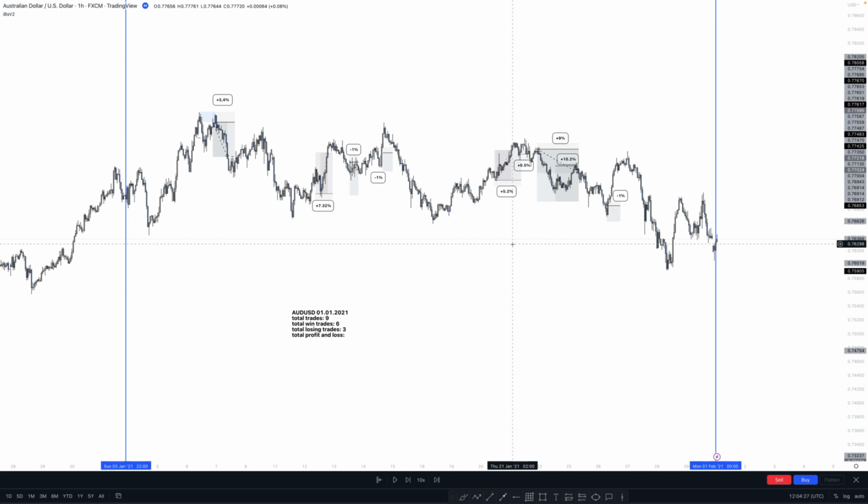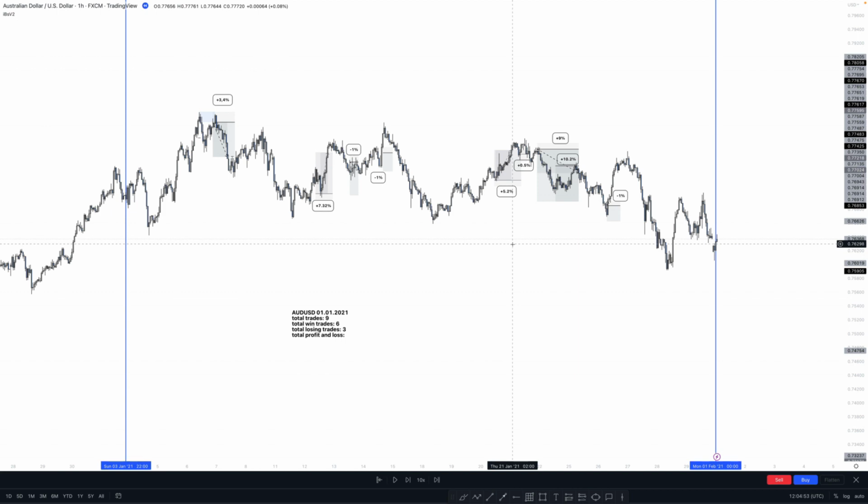3.4% first trade, plus 7.32, plus 5.2, plus 0.5, plus 9%, plus 10.2%.